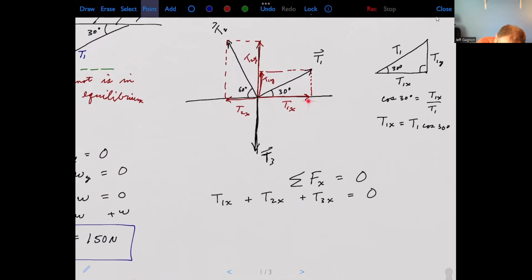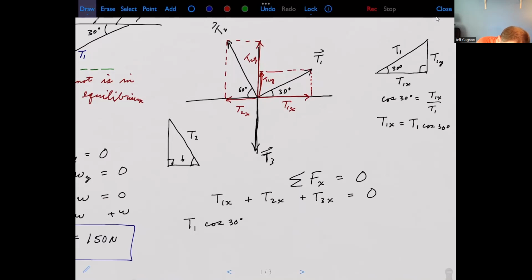And it's positive, right? Because it's pointing towards the right here. So T1x is going to be T1 times cosine of 30 degrees. Okay, what about T2x? Well, for T2x, I'm going to use this triangle where that's my right triangle, right? This is T2, the hypotenuse.